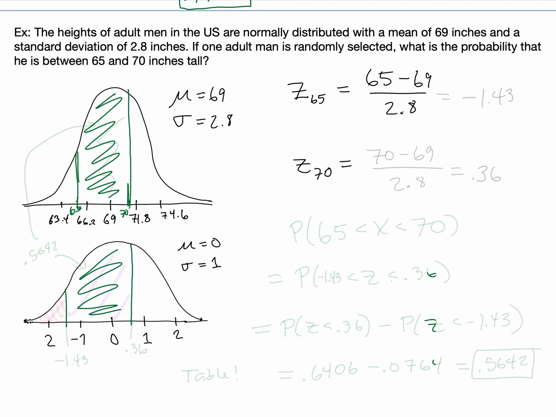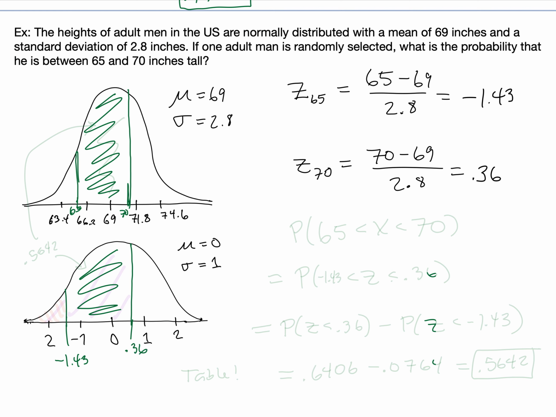And the z-score for 70 is the data value minus the mean divided by the standard deviation. So we can compute each of those z-scores. And we get this first z-score is negative 1.43, and the second z-score is 0.36. So here are our z-scores, negative 1.43 and positive 0.36.